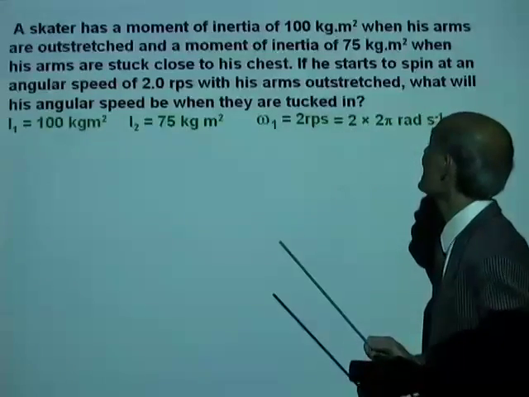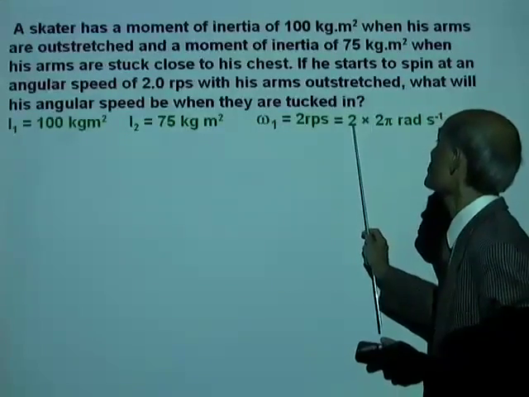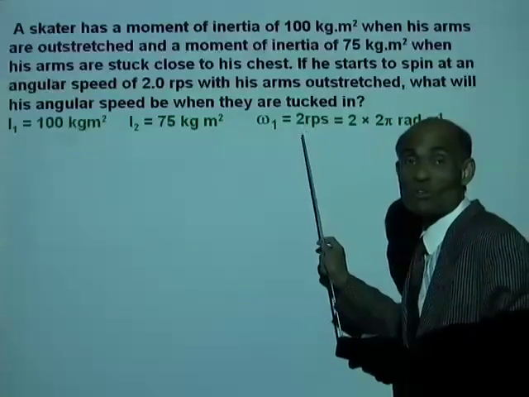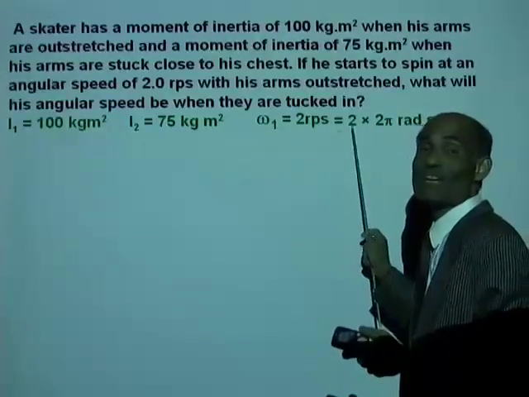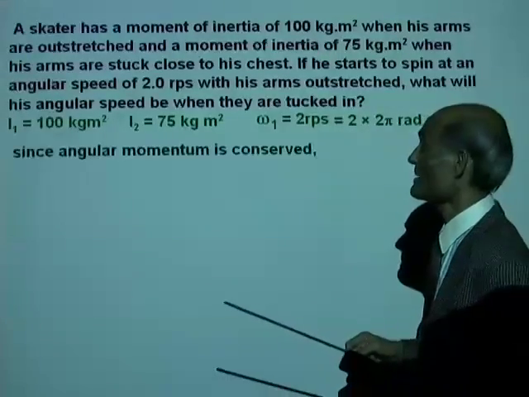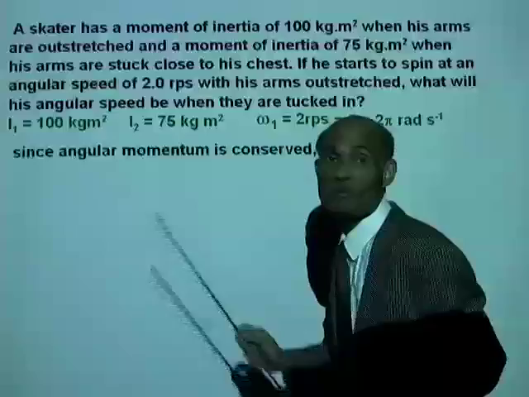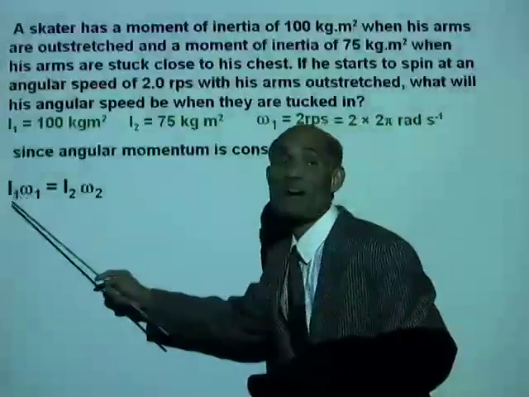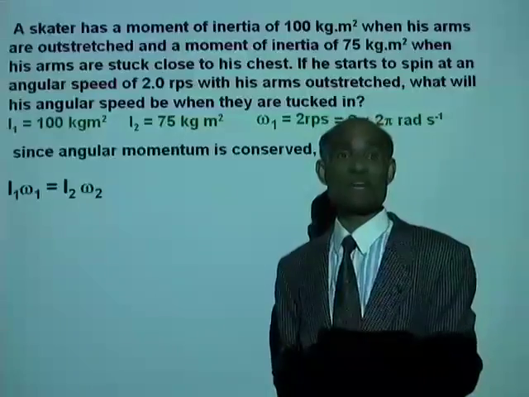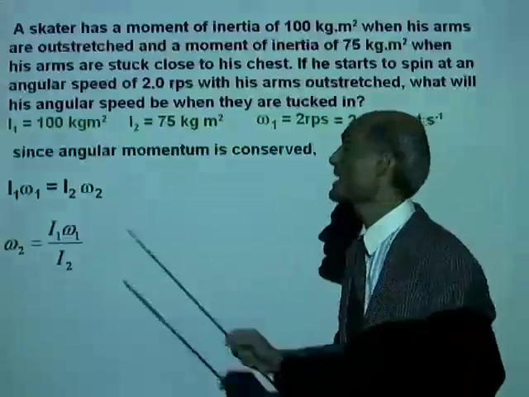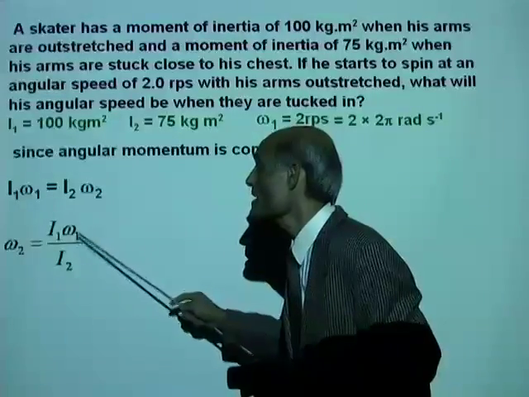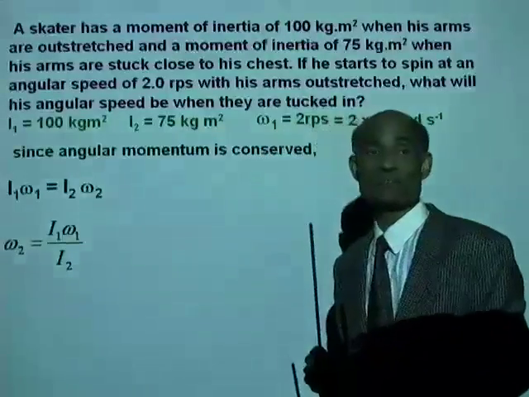Or you can convert it to radians per second. 2 times 2 pi radians per second. Is that right? Revolutions per second is multiplied by 2 pi to make it radians per second. Since the angular momentum is conserved, we have I1 omega 1 equal to I2 omega 2. And therefore omega 2 equal to I1 omega 1 divided by I2.